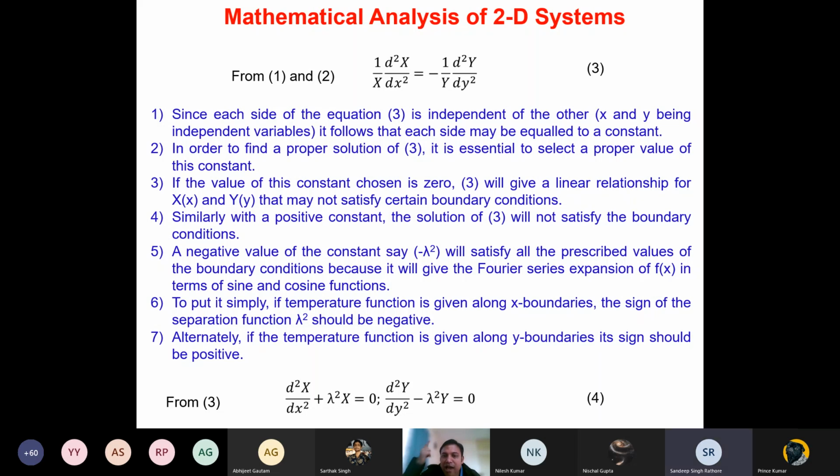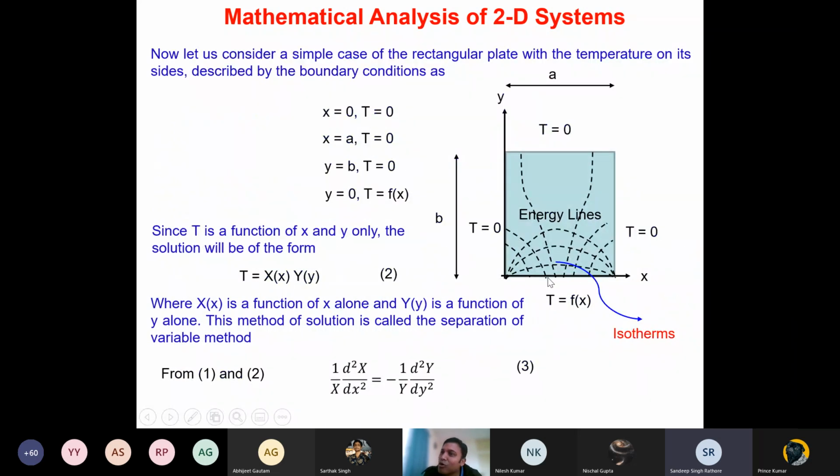That is why we are using minus lambda square, because only that value is going to give me sine and cosine functions, and only the sine and cosine functions can satisfy all the conditions, be it linear, be it constant, be it a sinusoidal wave, be it any exponential wave. All this type of requirement can be satisfied only by sine and cosine waves. That is the reason why in signal processing, to represent any curve, we use the Fourier series. That is the rationale behind the Fourier series or Fourier transform. The same concept is used here.